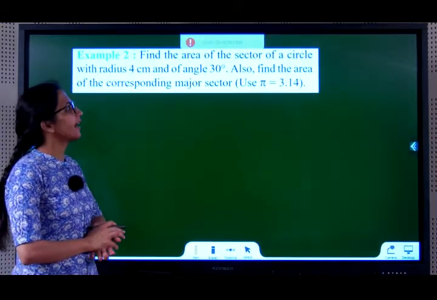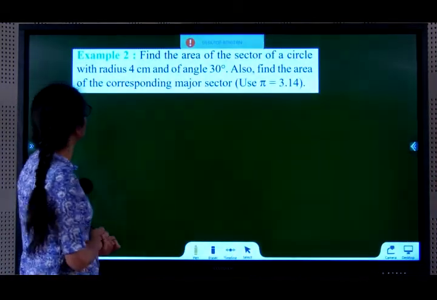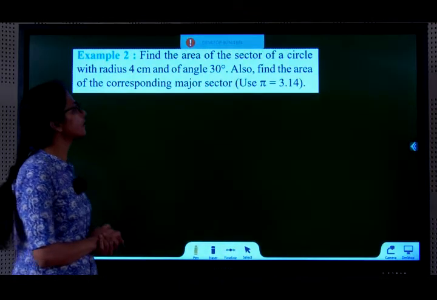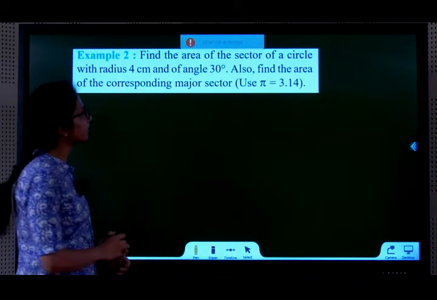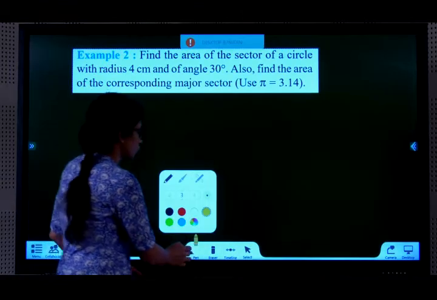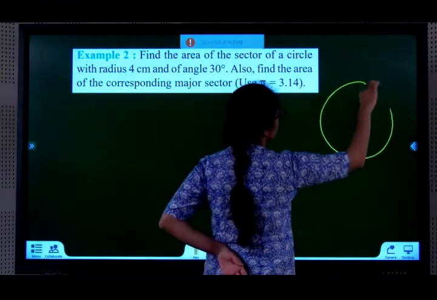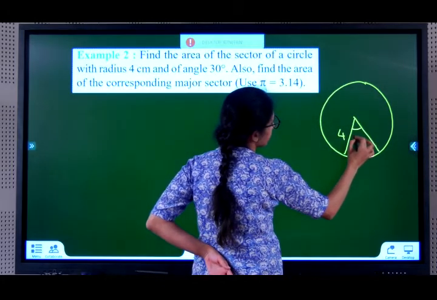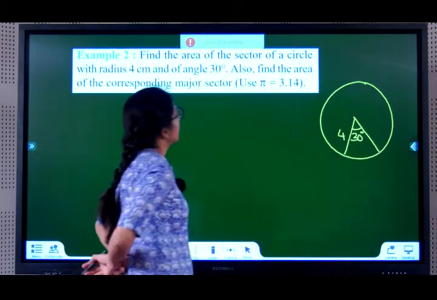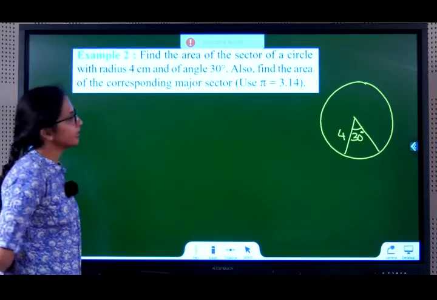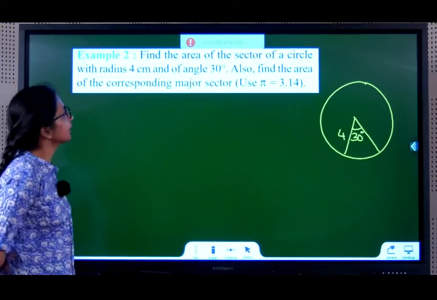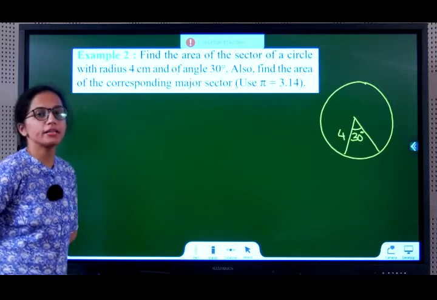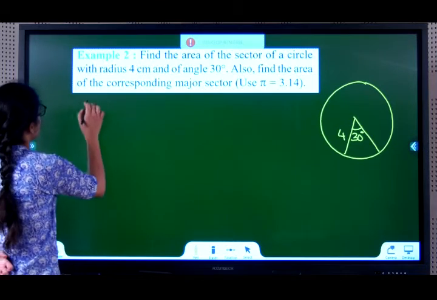Example 2. Find the area of the sector of a circle with radius 4 centimeters and of angle 30 degree. So, we have a circle whose radius is 4 centimeters and the sector's angle is 30 degree. You have to find the area of the sector. Also find the area of the corresponding major sector.